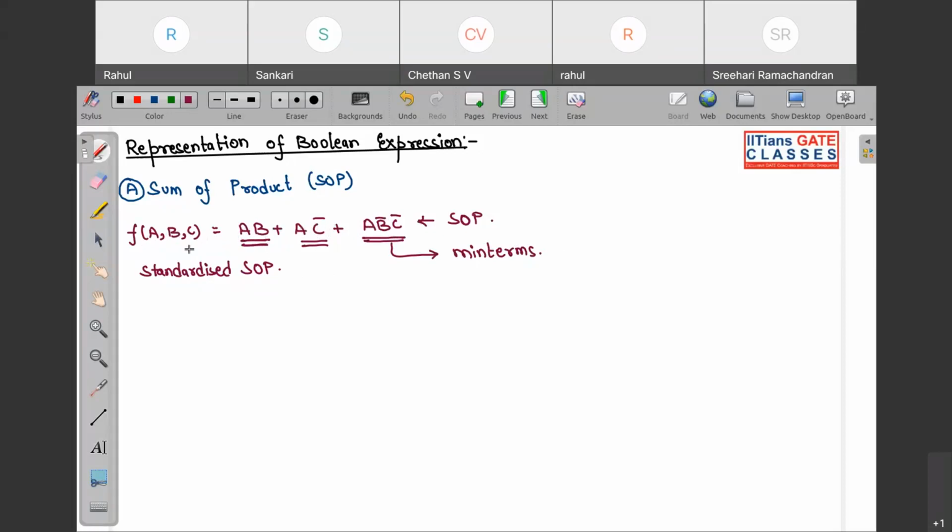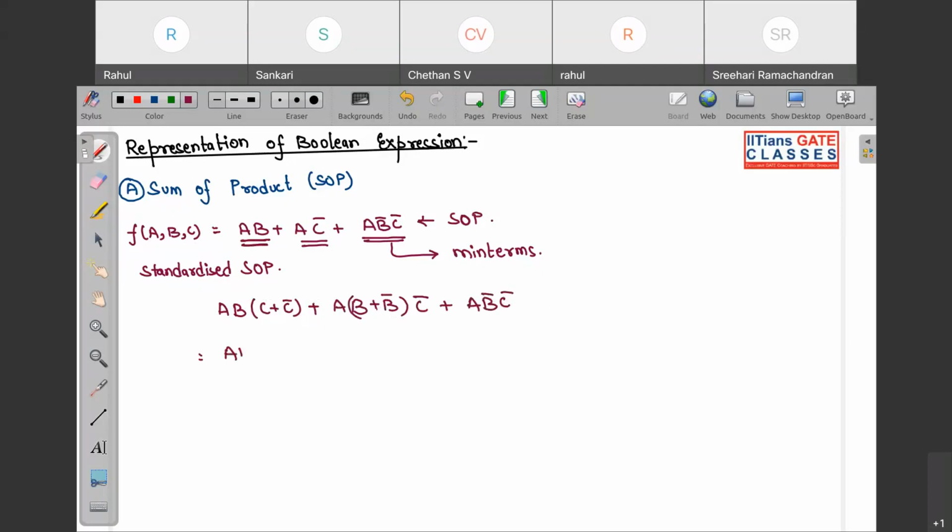So how do I make a standardized SOP? Look very carefully. If I want to convert this into standardized SOP, this will be A, here B is present, C is not present, so this will be C plus C complement, plus A, B is not present, so this will be B plus B complement, C complement, plus AB complement C complement.